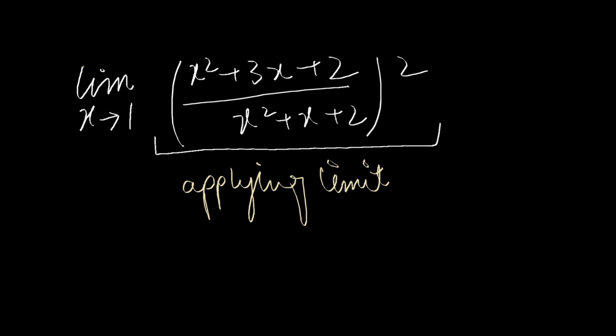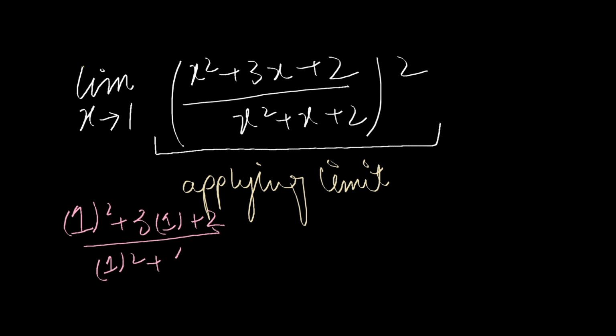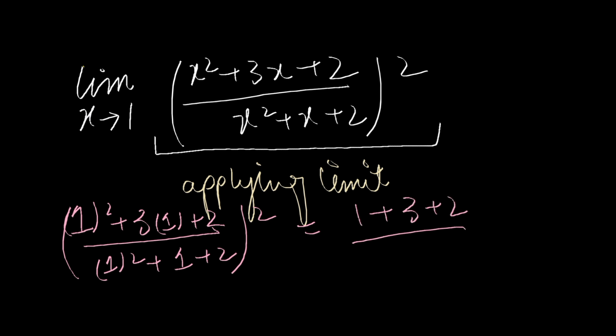So 1 square plus 3 into 1 plus 2 divided by 1 square plus 1 plus 2, and there is a whole square. So 1 square is basically 1, 3 times 1 is 3, and plus 2, divided by 1 square is 1 plus 1 plus 2, and there is a whole square.